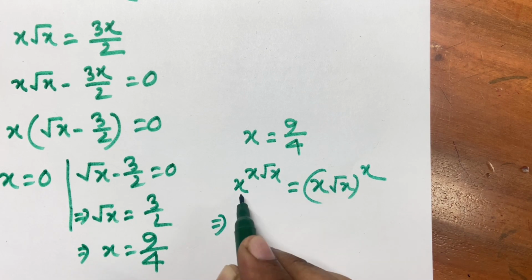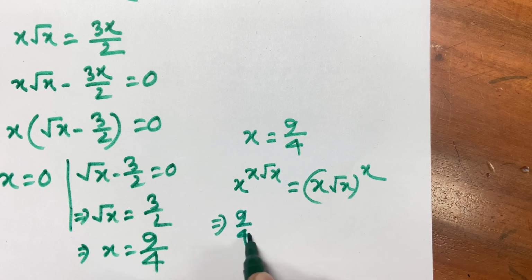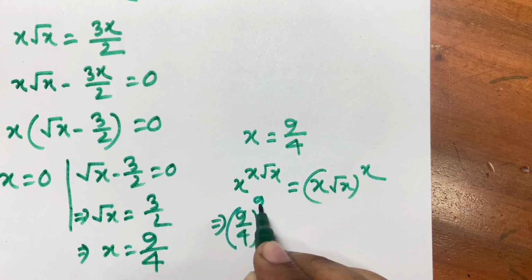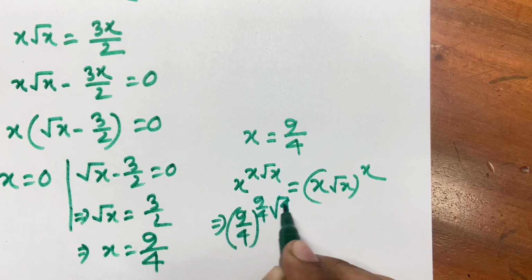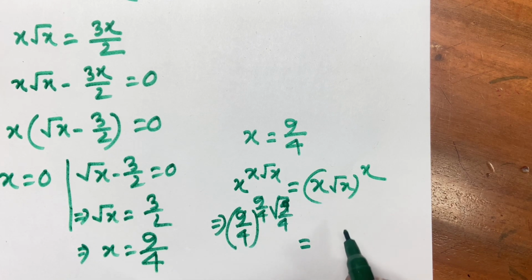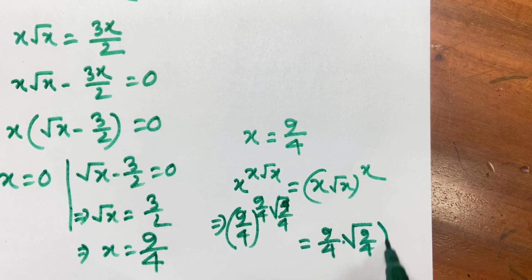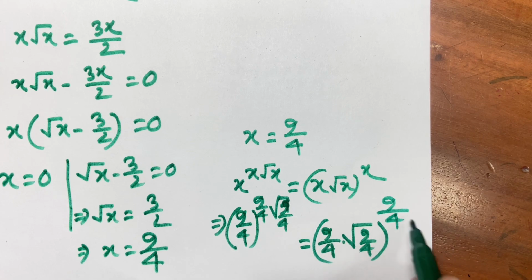Now I can say x is 9/4 and power is 9/4, root over 9/4 equal to 9/4 dot root over 9/4 power 9/4.